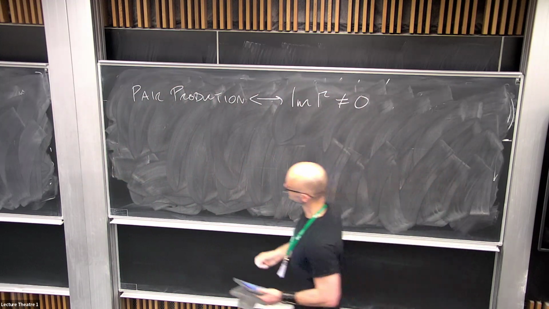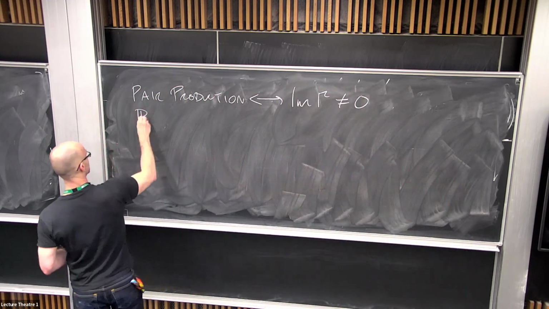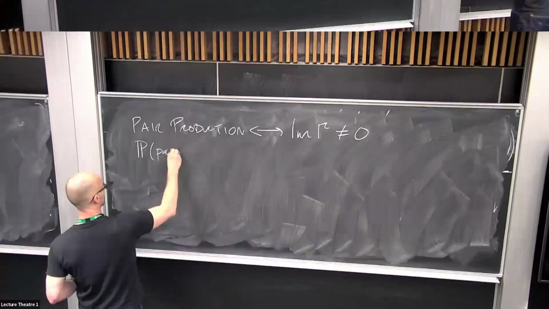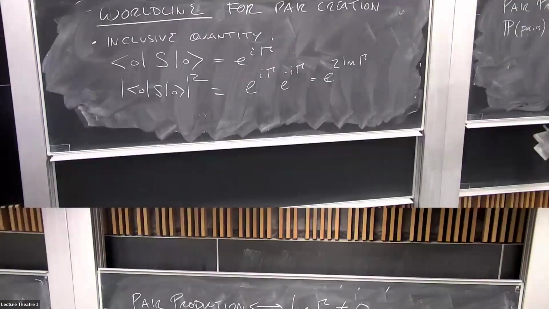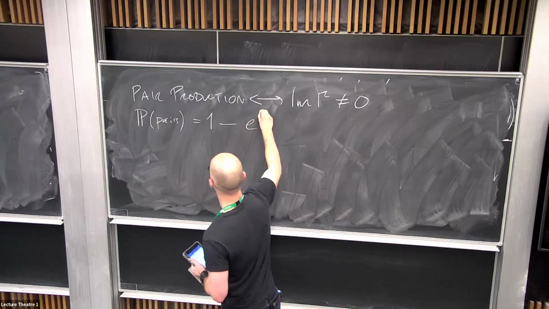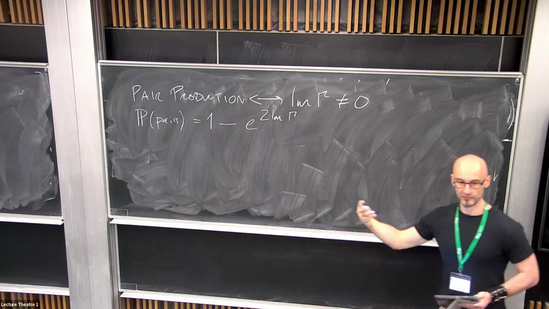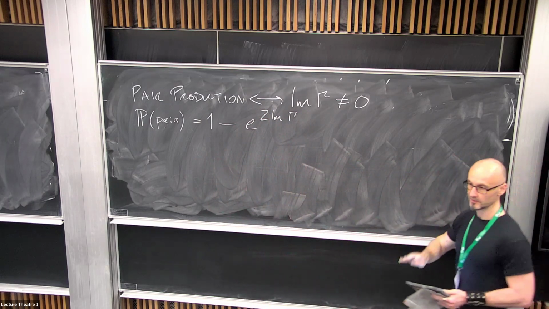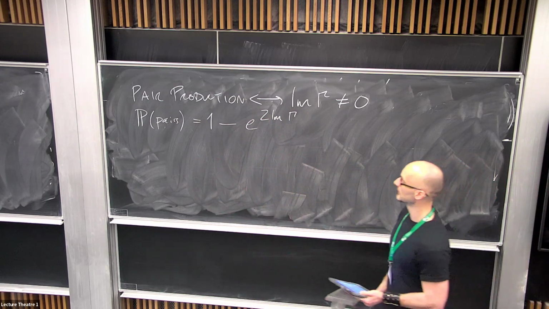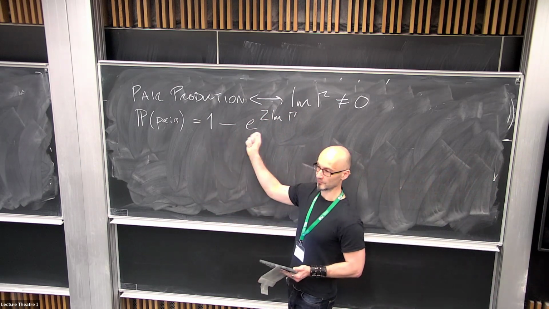So the probability that you produce pairs is just 1 minus that. 1 pair or 2 pairs or 3 pairs or 4, with any momentum spectrum, whatever you like, inclusive. You just need 1 minus the probability that you didn't.